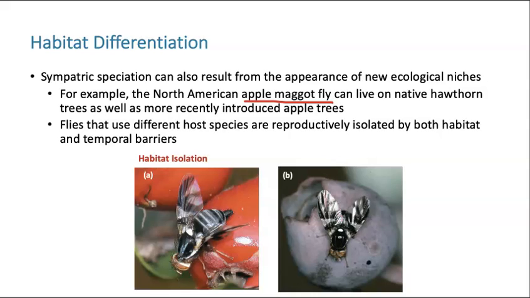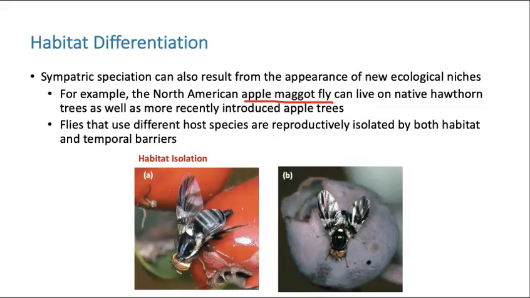Interestingly, they are also isolated from each other by temporal barriers, such as, like I said before, with time. So it turns out that the apple maggot fly goes through its life cycle in a time frame where it mates earlier in the year, and the hawthorn flies are mating a little bit later in the year, and that's not overlapping.